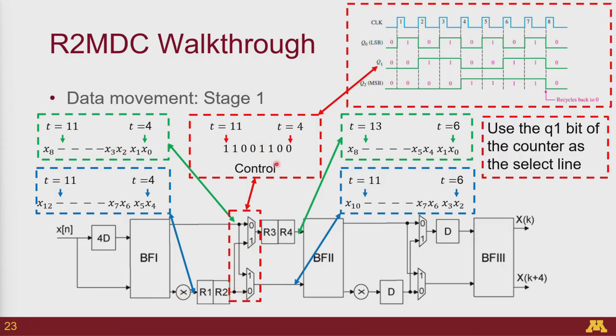That means at time step number 6, x2 would now come on the bottom path. And whatever is at this point here, which would be x4 since we have 2 delays here, so at time 6 this would still be x4 because of the 2 delays, would come to the top path.